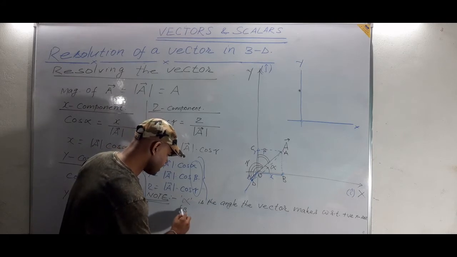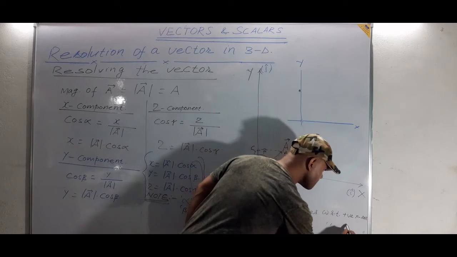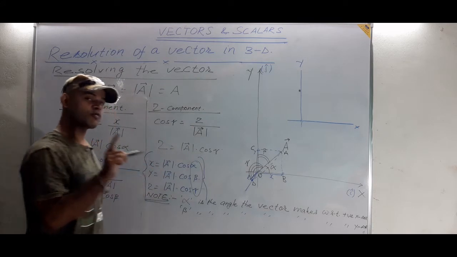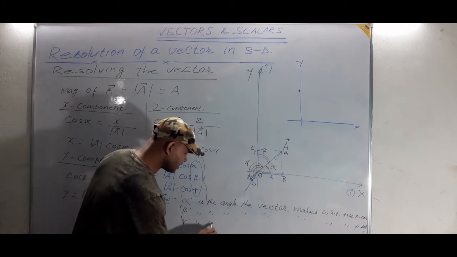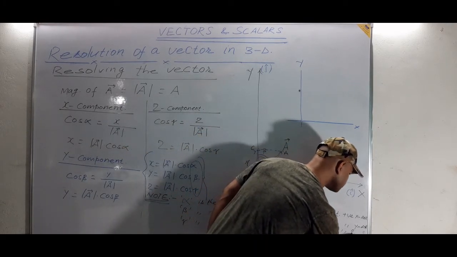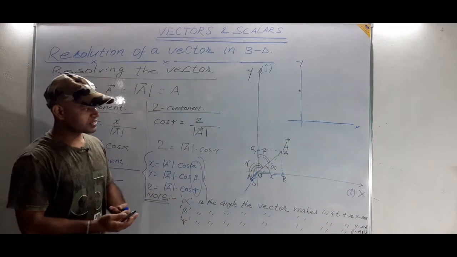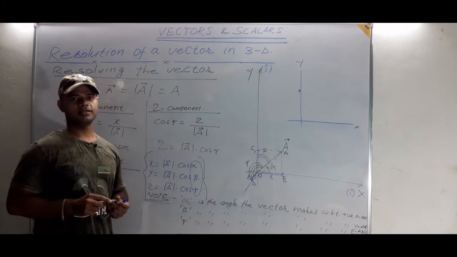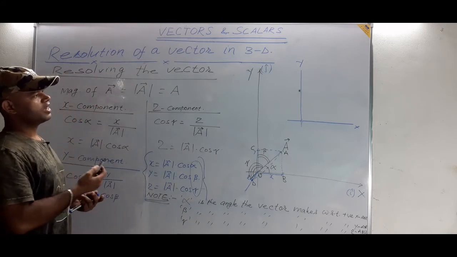Similarly, beta is the angle the vector makes with respect to the positive y-axis. All the angles are with respect to the positive axis. Similarly, gamma is the angle the vector makes with respect to the positive z-axis. Are you getting it? So all these angles have been expressed with respect to the positive x, positive y and positive z-axis. So this is how we find the components of the vector in 3 dimensions.